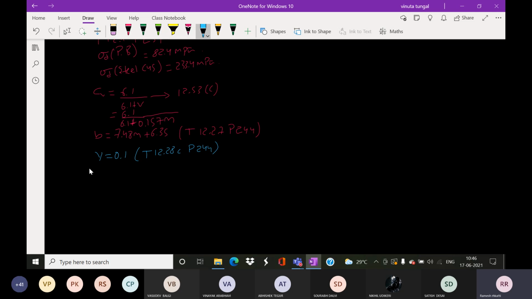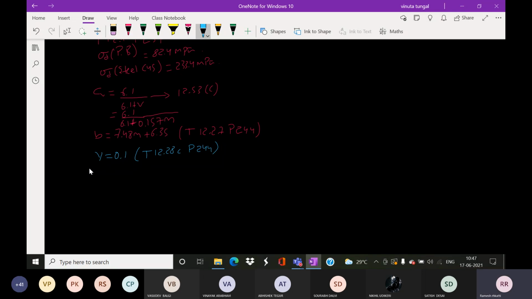If you use that and calculate the Y value, I have done that and I am getting the value of Y as 0.1012. It is nothing but 0.1 only. Correct? Either you can use the table and note down the value of Y, or you can use the formula also.